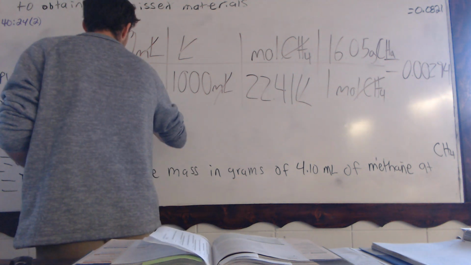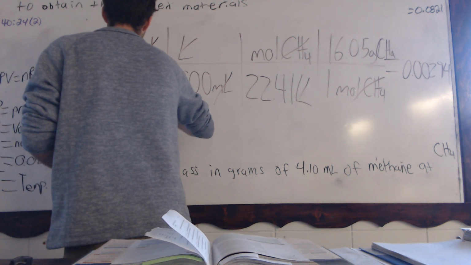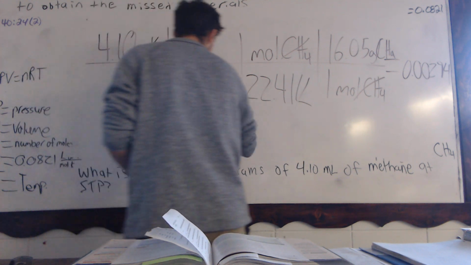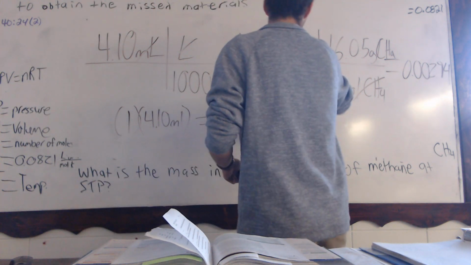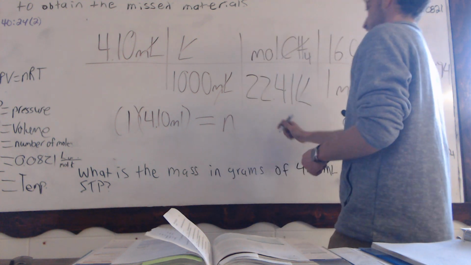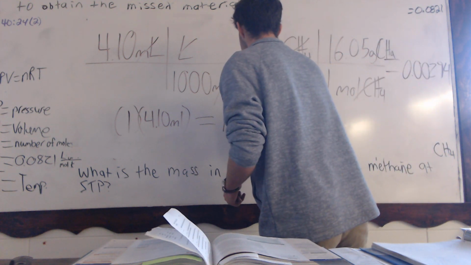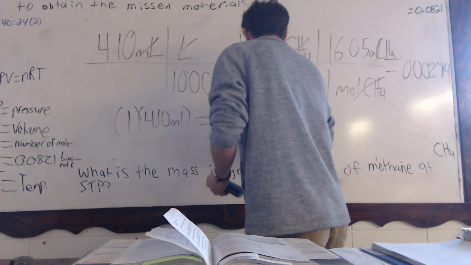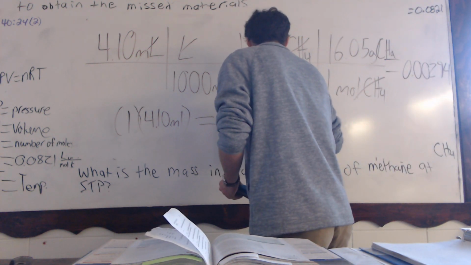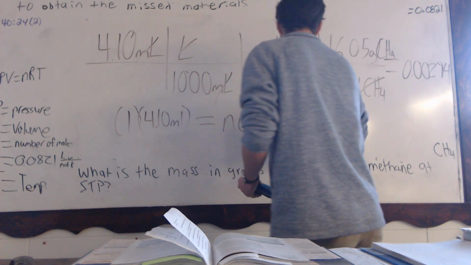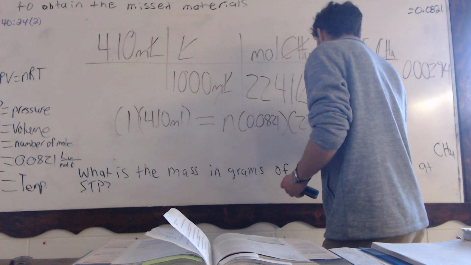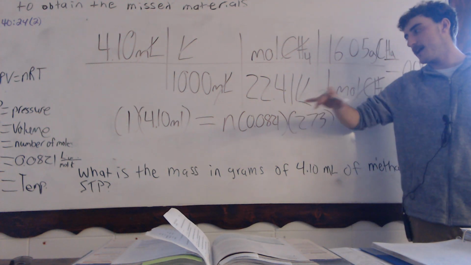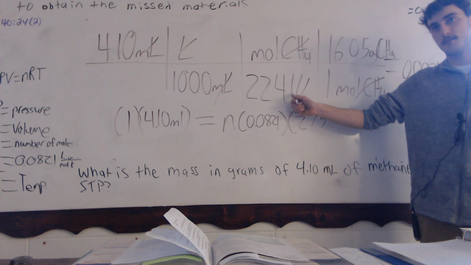So let's go 4.10 ml. And then we have 0.0821 times 273. When you multiply 273 times 0.0821, you get this.